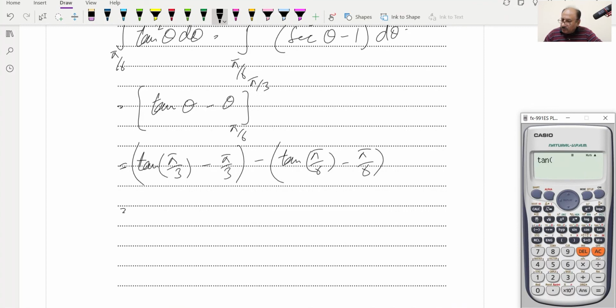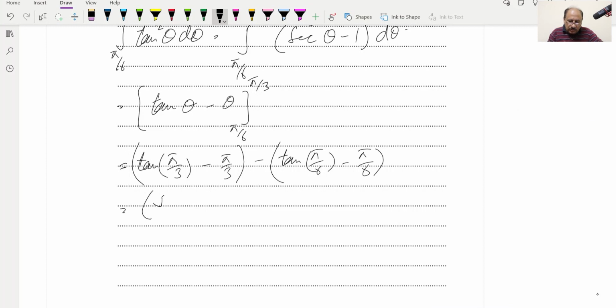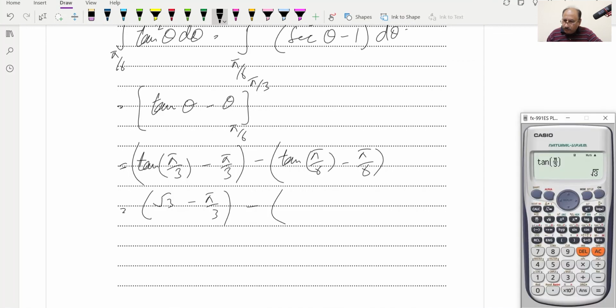And tan of pi by 3 is what? Tan of pi over 3 is equal to, this is in degree mode, so we'll shift to radian mode, and this will be equal to under root 3. So this is under root 3 minus pi by 3, and minus this will be pi by 6.